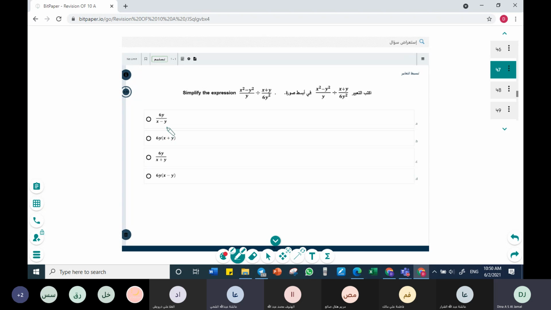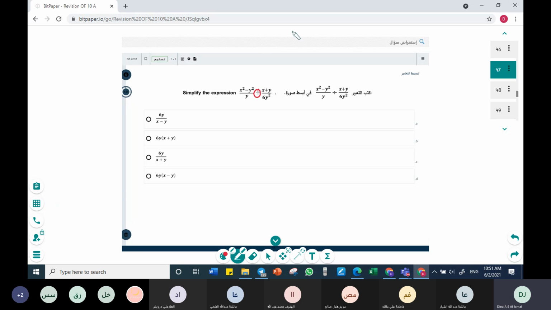Simplify this expression: (x squared minus y squared) over y, divided by (x plus y) over 6y squared. Great. So actually, when he put this division, he would like to help you.